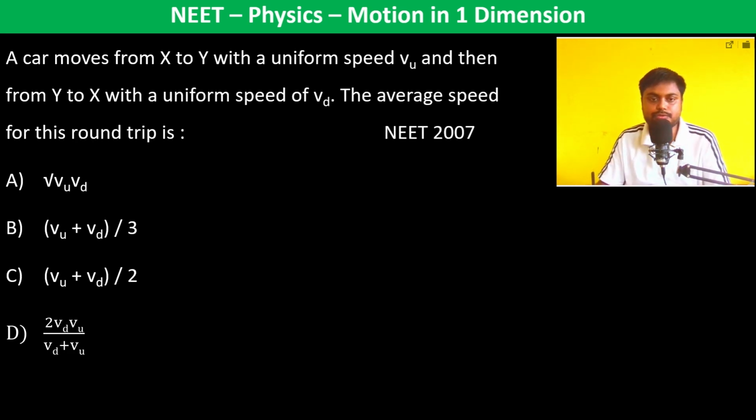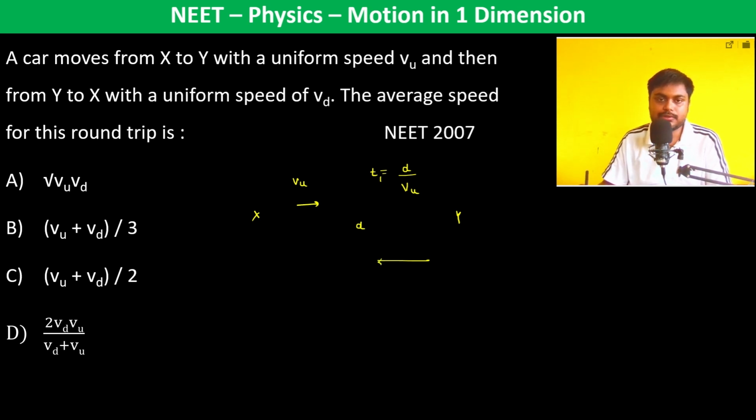A car moves from x to y with a uniform speed vu. Let the distance be d, so the time taken is going to be d divided by vu, and then from y to x with a uniform speed of vd. Here the time taken is going to be d by vd.